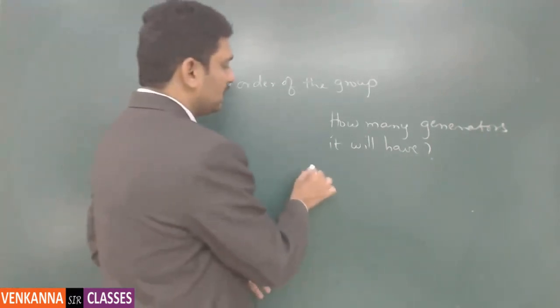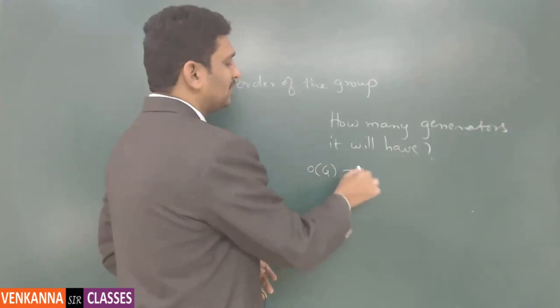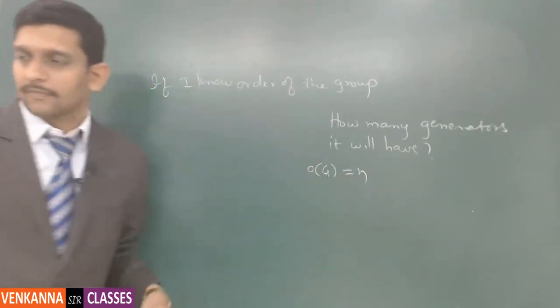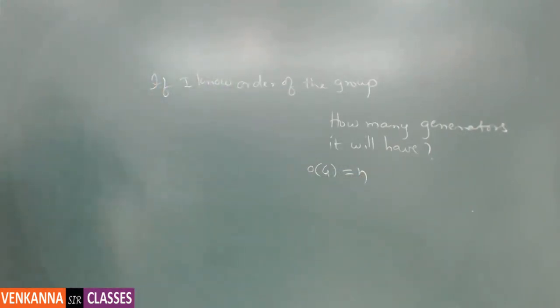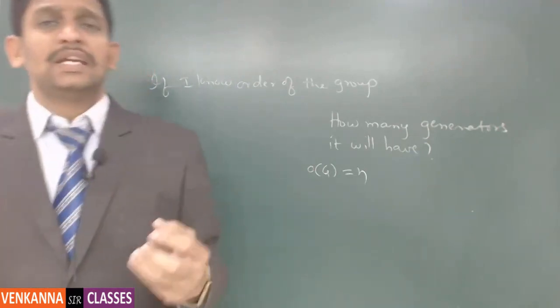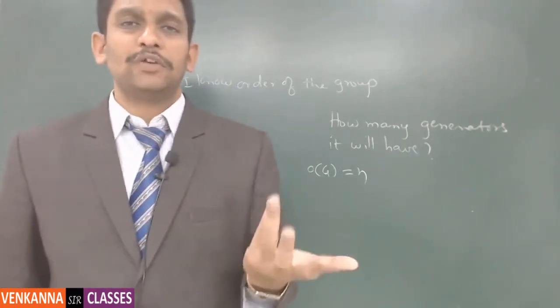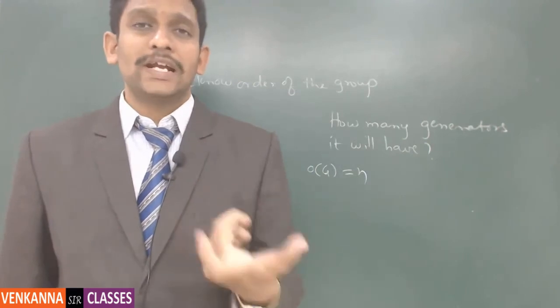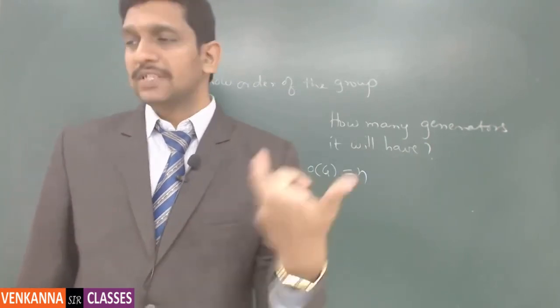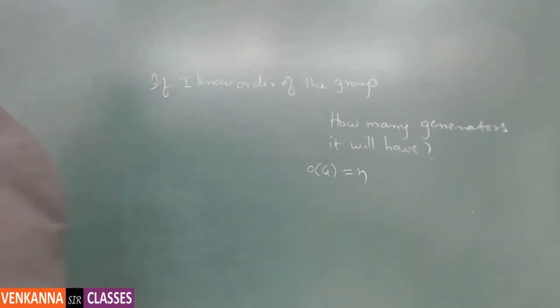Let me say I have taken the group with n elements. Generally every composite number you take, we can write it as the product of primes. Accepted? You can write a prime factorization for every number.